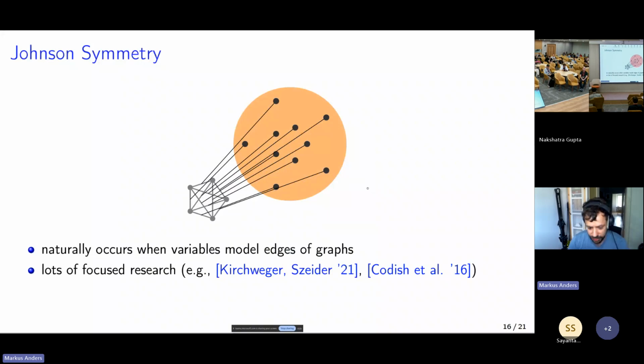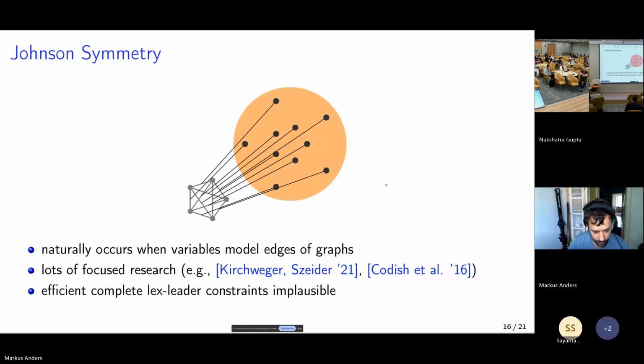Stefan mentioned in his talk SAT modulo symmetries, and in my eyes, SAT modulo symmetries is a very efficient tailored algorithm for dealing with Johnson symmetry. And it's not just SAT modulo symmetries, there are also breaking constraints for Johnson symmetry. This is, in general, a well-studied type of symmetry.